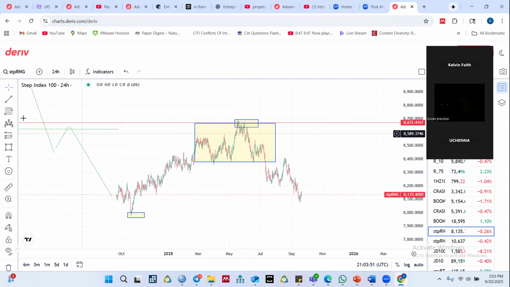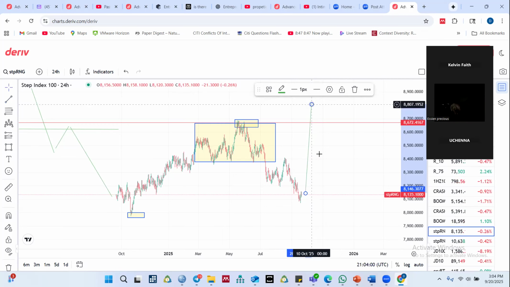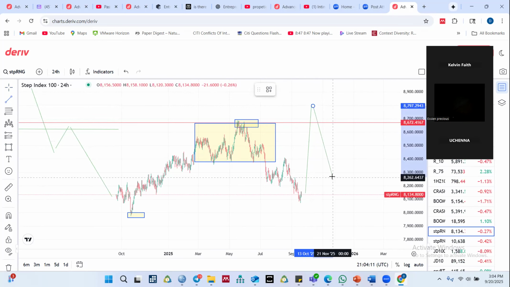It means the downtrend is continuing. But until this head and shoulder pattern is swept or destroyed, we cannot frame buys, or we cannot be confident to be looking for a very long buy.